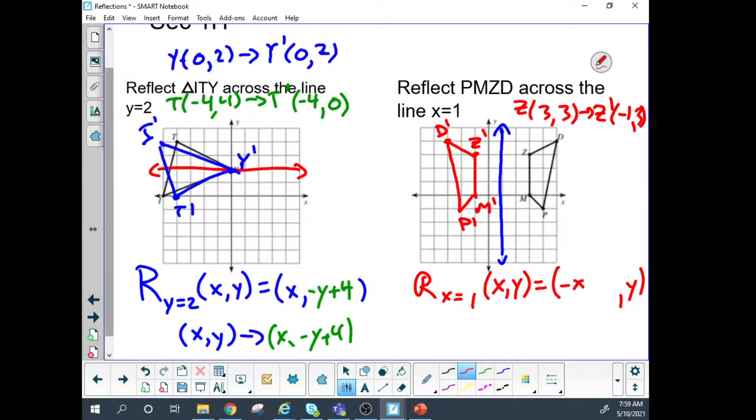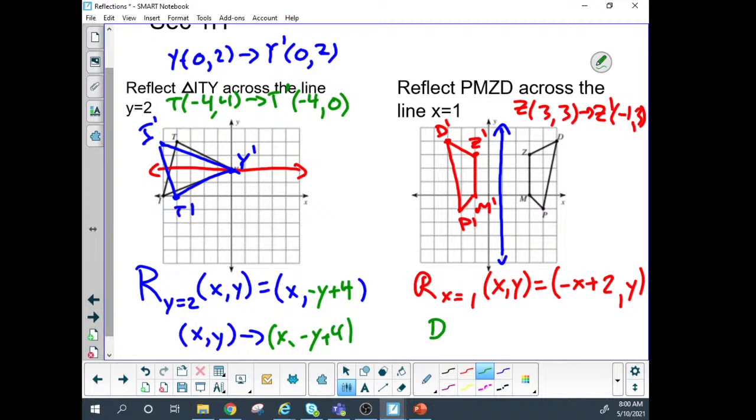Similar thing happening. All this stuff's going negative. So we're going to have a negative x. Then we've got to adjust for it. So instead of negative 3, we're at negative 1. We're adding 2 to that. So look at M. It's the same thing. When I look at D, just a different one, that's a different x coordinate.